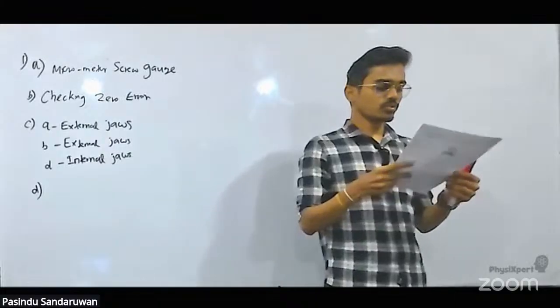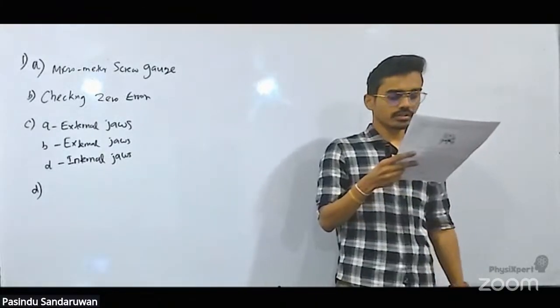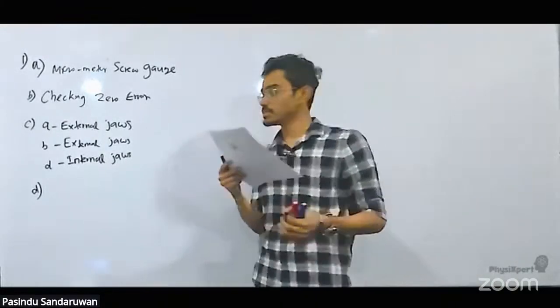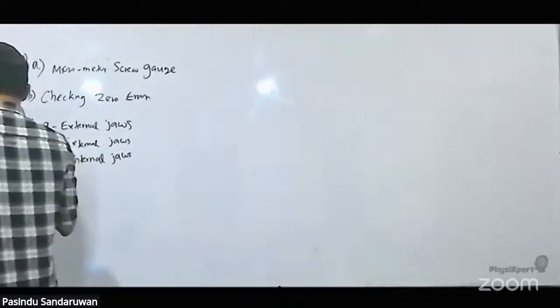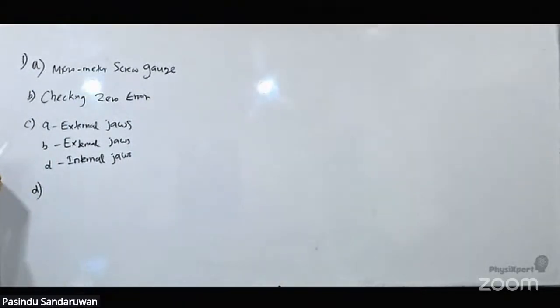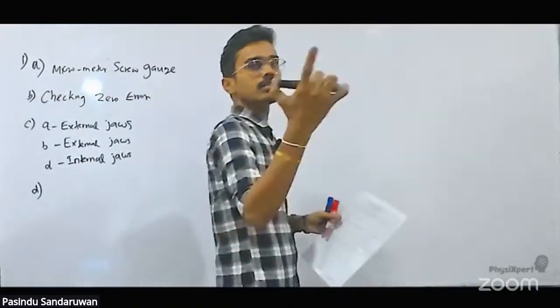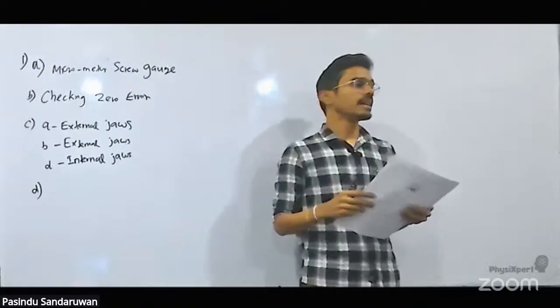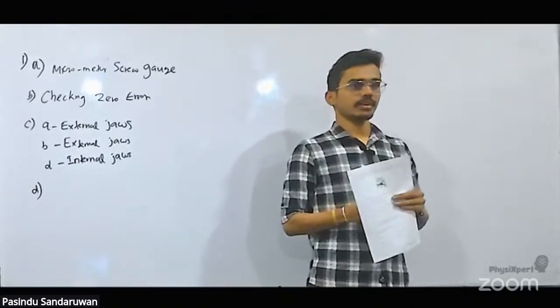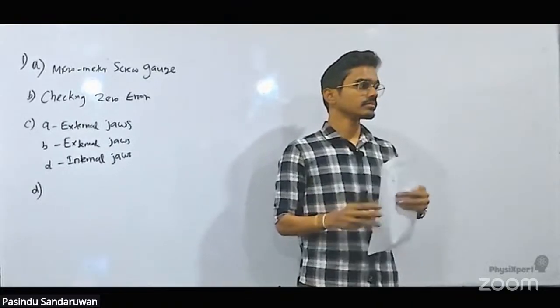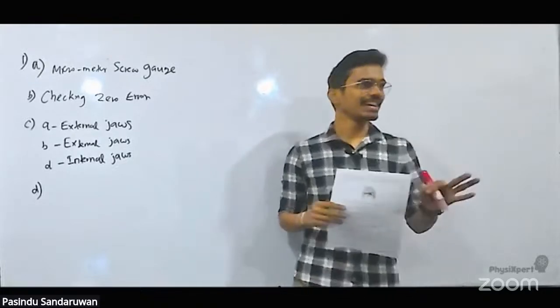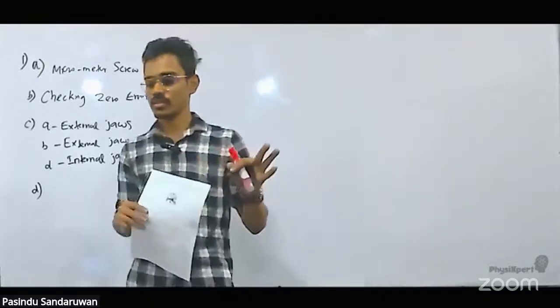What is the most suitable laboratory instrument to measure the mass M of the metal sheet? Okay, what are the answers? To measure the mass of this, the electronic balance is correct. There are more possible ones.